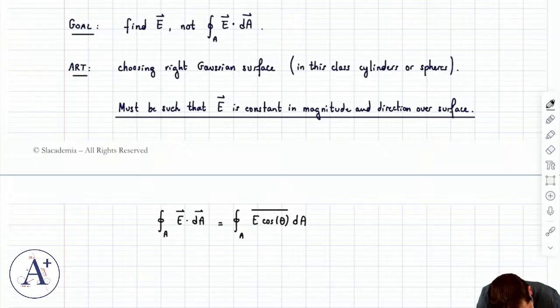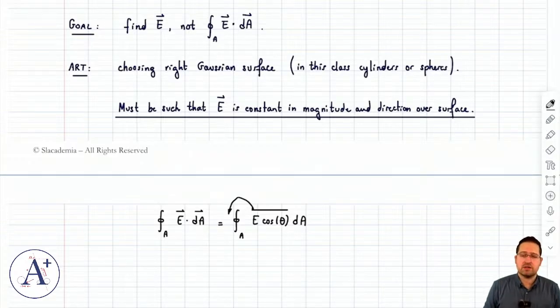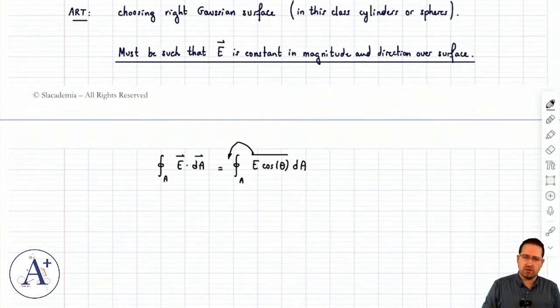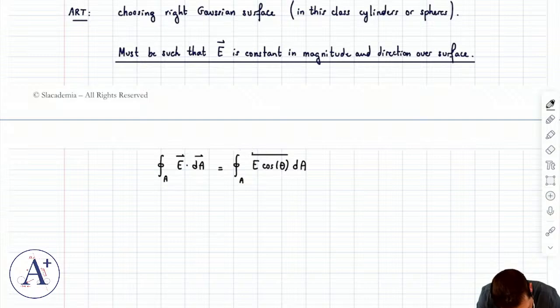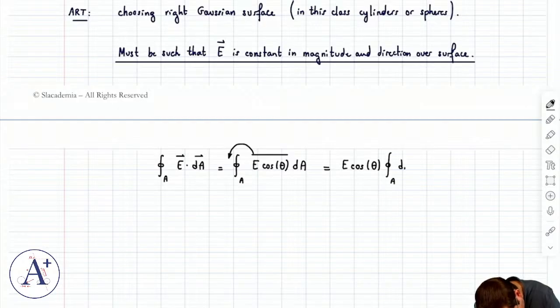But if E is constant in magnitude and direction, that means that E and theta are constant over the entire surface. Well then, integrals don't care about constants. It doesn't matter if they're integrals over area or over closed surfaces, they still don't care about constants. So I can just take E cosine theta and pull it out, and I get E cosine of theta times the integral of dA over this closed surface.